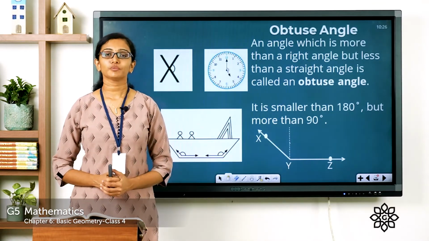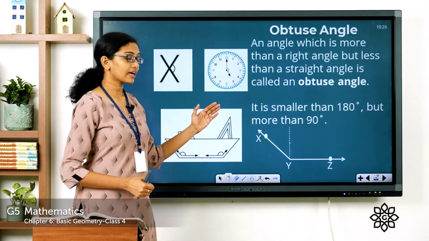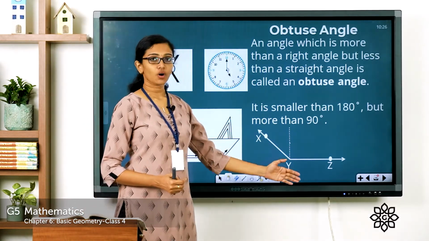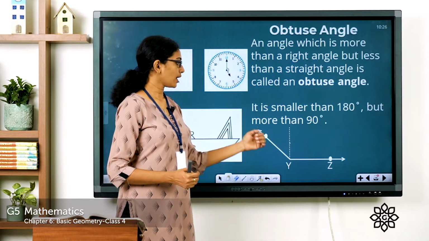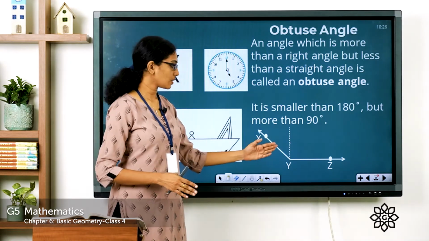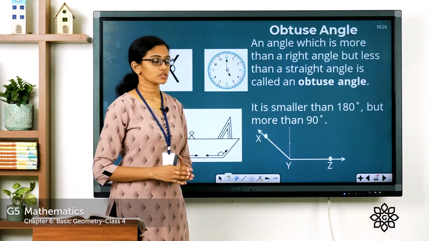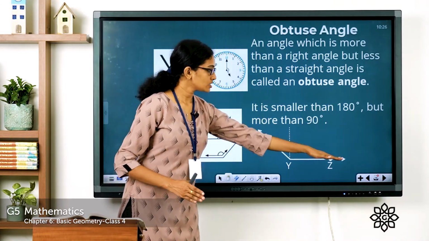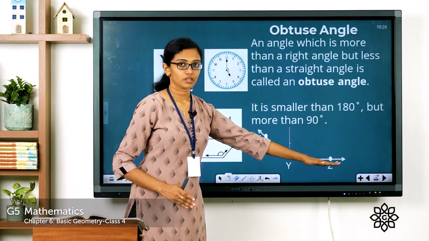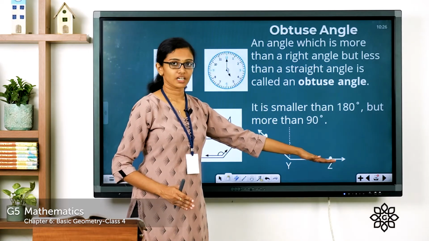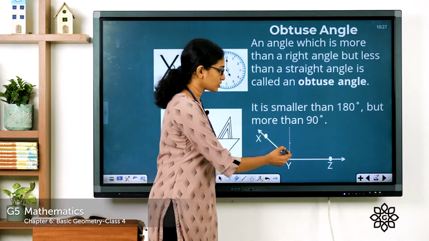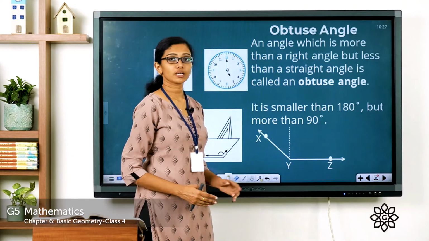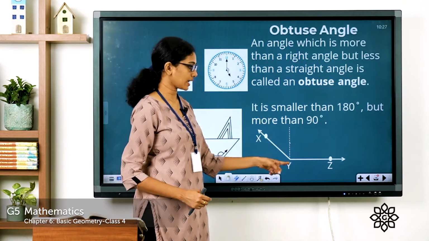It's called an obtuse angle. You see this angle XYZ given here, angle XYZ or angle ZYX. It has the vertex Y. Suppose this ray YZ is at an initial position 0 degree like this, and it is turning towards the left, and it reaches a point where this ray is on a straight line.